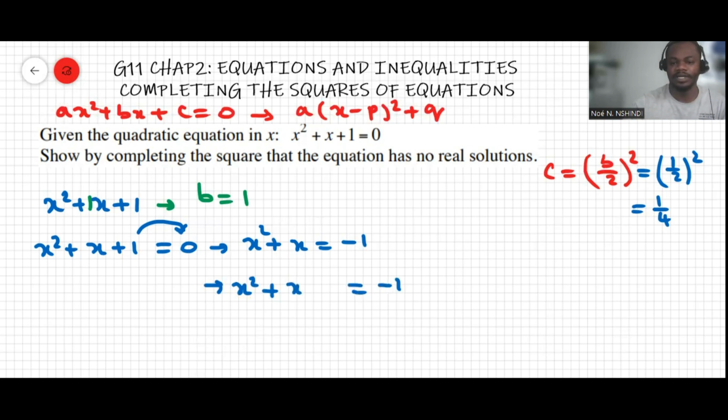I'll write here -1, and then over here I'll say plus a half to the 2. There also I'll add a half to the 2, which is just a quarter. Then over here we can just select the bases. So this will be x plus a half to the power of 2 equal to -1 plus a quarter, which is equal to -3 quarters.